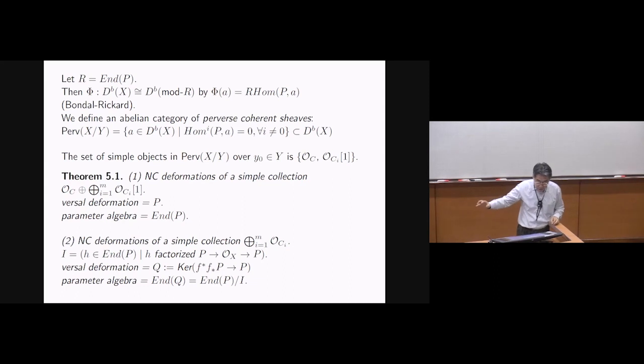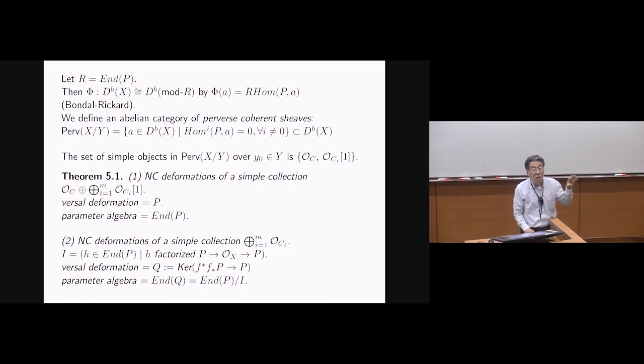On the right-hand side, you have the abelian category of modules. And if you go to the left-hand side by using this equivalence, then what you get is the category of perverse sheaves. And the category of perverse sheaves is more algebraic.